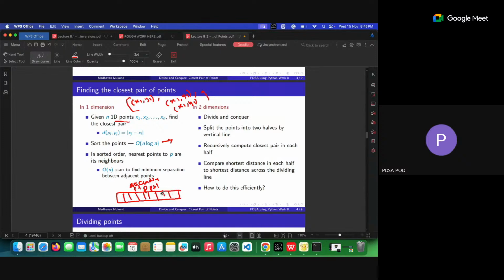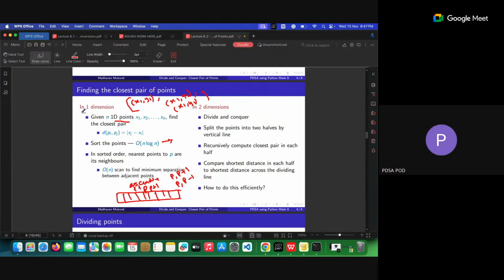The reason is that others are definitely far away from P because they are already sorted. I hope you understand. So if it is sorted, I compare P with P plus 1 and P with P minus 1, and see which is the shortest, whether P and P plus 1 or P and P minus 1 is the closest pair, because we compare only adjacent elements.